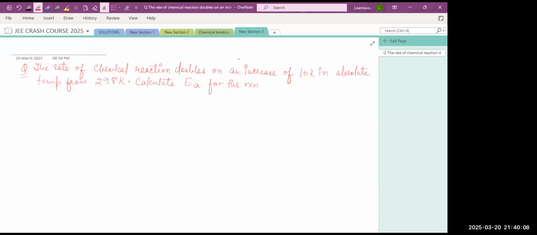The rate of a chemical reaction doubles on an increase of 10 Kelvin in absolute temperature from 298 Kelvin, then calculate the activation energy for the reaction.